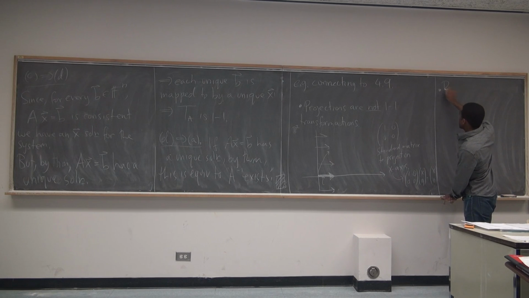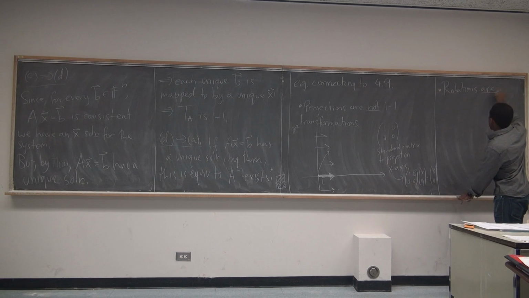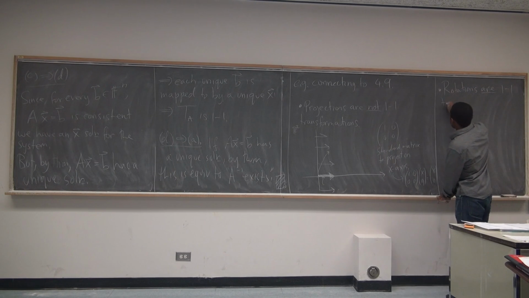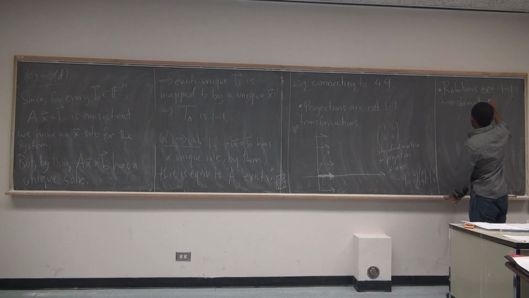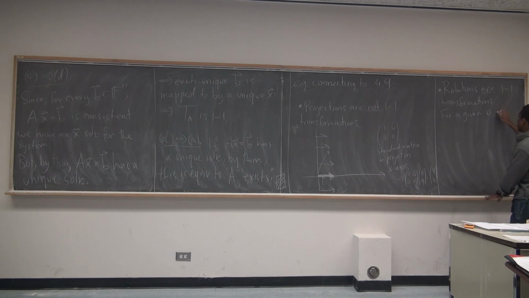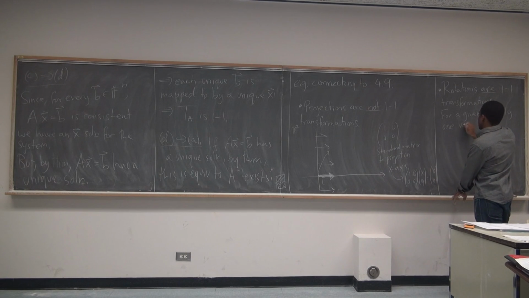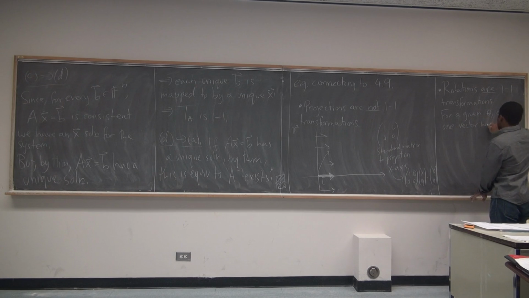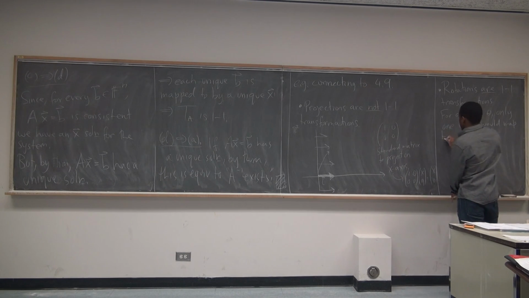Rotations are one-to-one. Because for a given angle, only one vector would map to a given output.